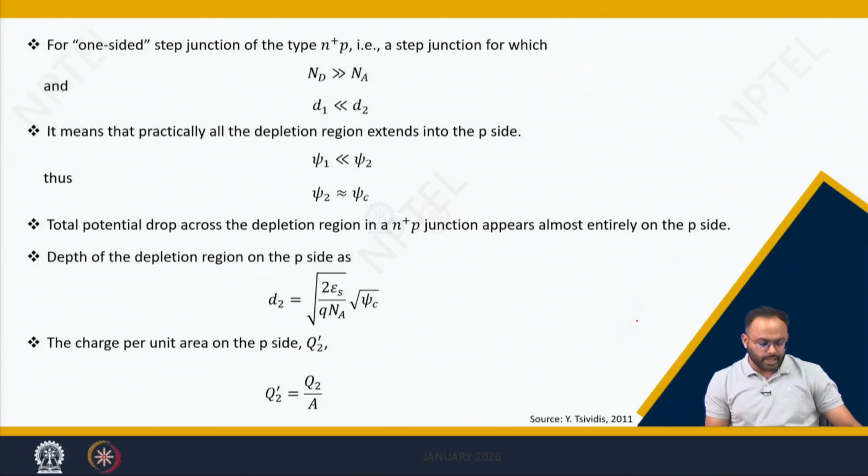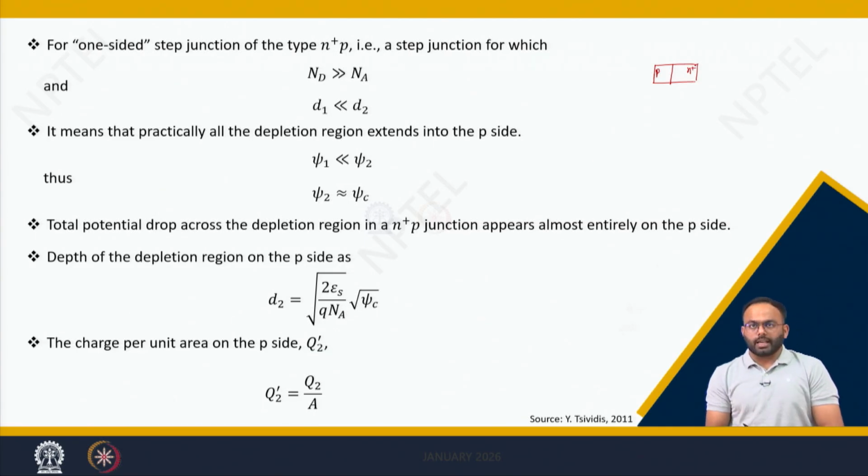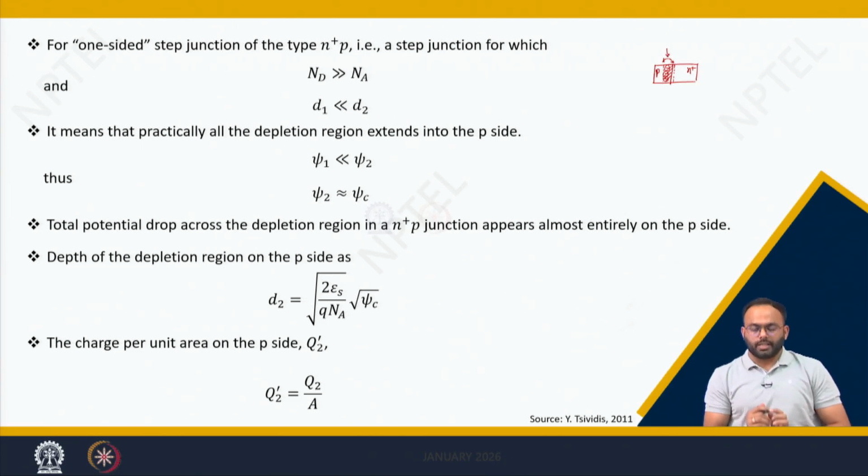Let us consider the case of a one-sided step junction, meaning this is P and this is N plus. In that case, the expansion of the depletion region at the N side is very small compared to the expansion of the depletion region at the P side. So we can consider the depletion region to expand in only one direction, and hence the overall built-in potential will drop only across the lightly doped side.